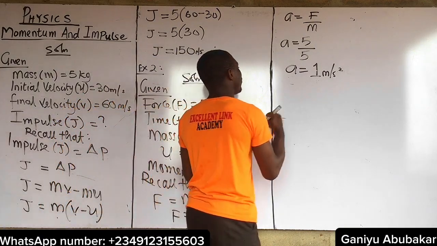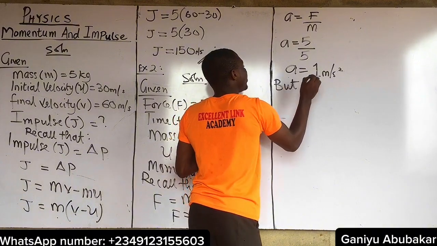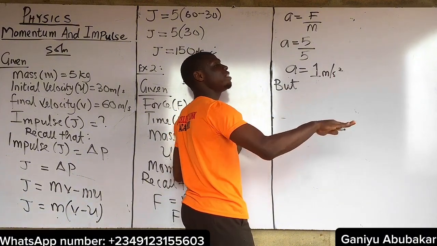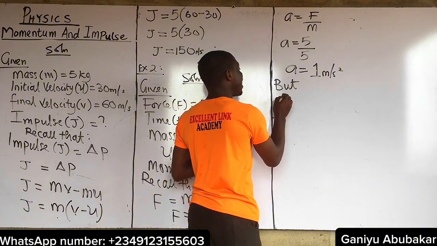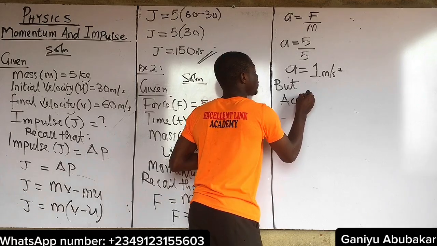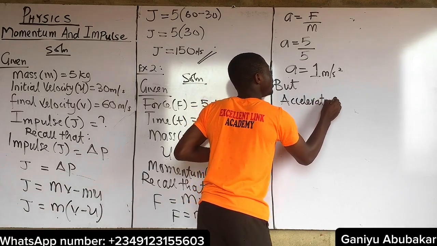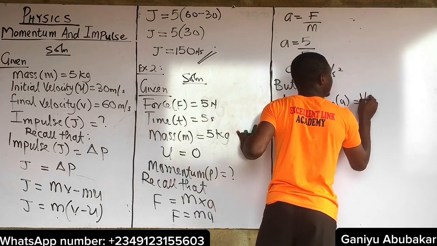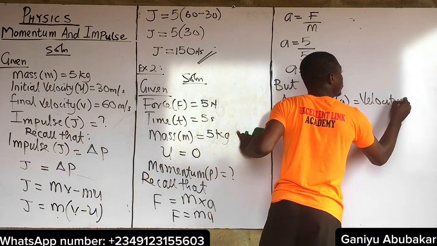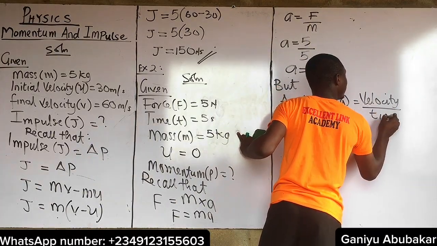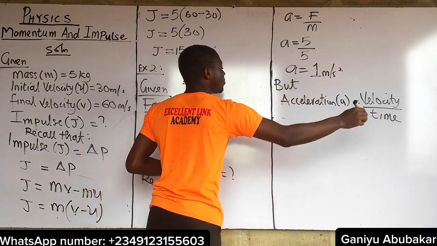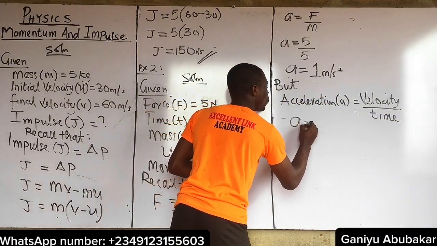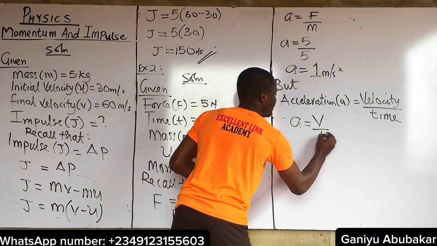But from here now, we said that from the beginning of physics, acceleration, which is a, is equal to what? The change in velocity over time. We said this. So I'm saying that acceleration a is equal to v over t.